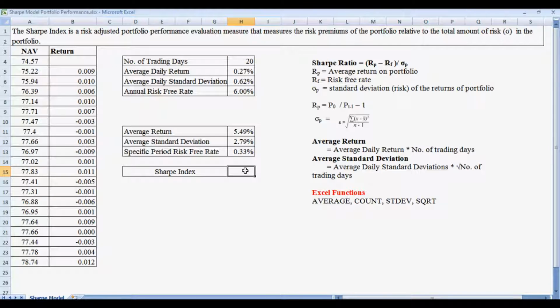And finally we need to calculate the Sharpe index. So Sharpe index equals return on portfolio minus risk-free rate divided by total risk of a portfolio, that is standard deviation.